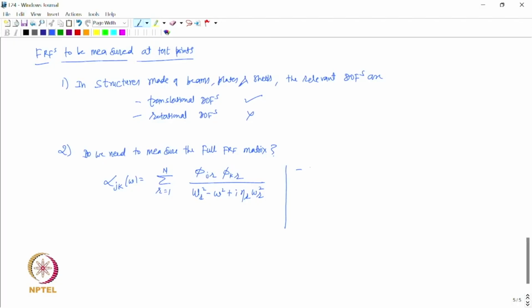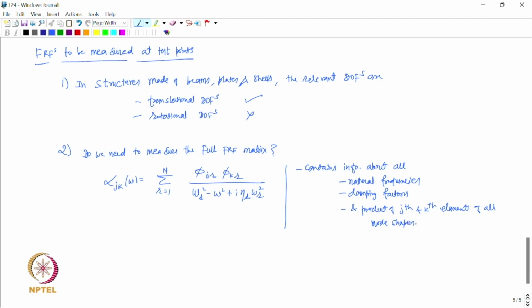So, this contains information about all natural frequencies, all damping factors, and the product of jth and kth elements of all mode shapes.